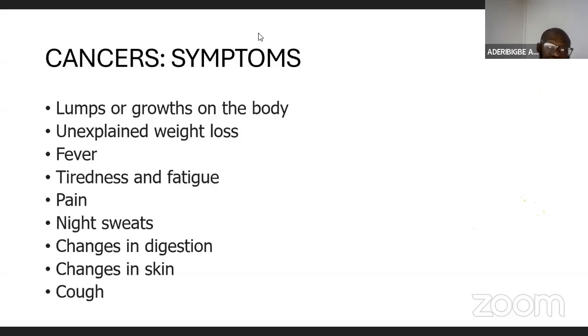So lumps or growths on the body are the first thing we think about for cancers. If you see a painless growth, come to the hospital and let someone check it out, even if the lump is not painful.